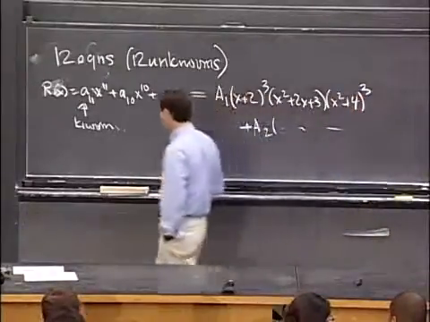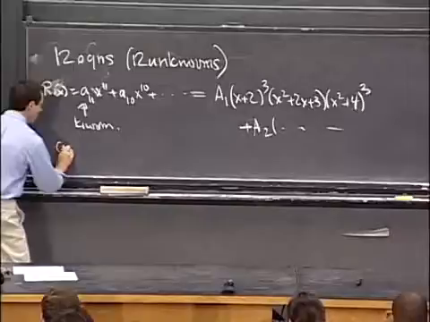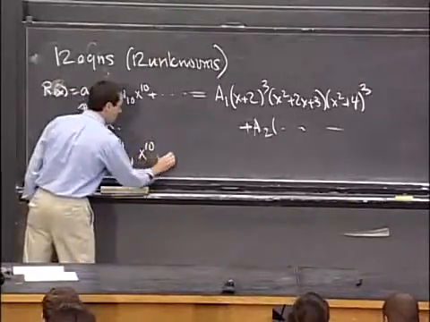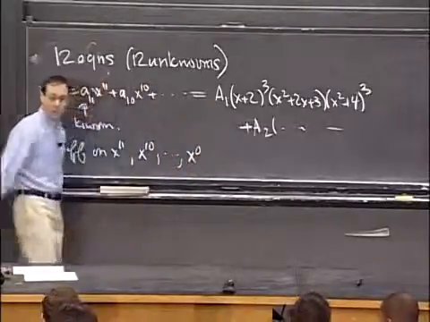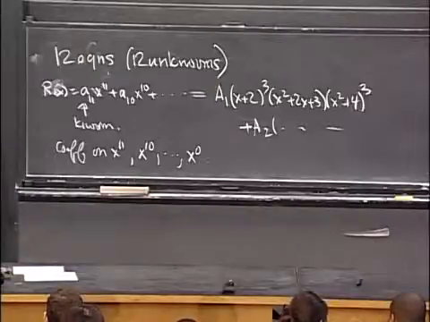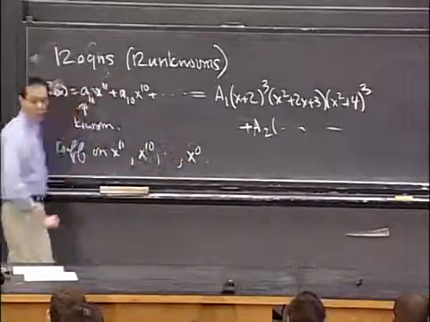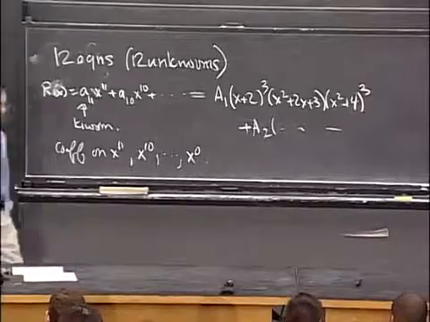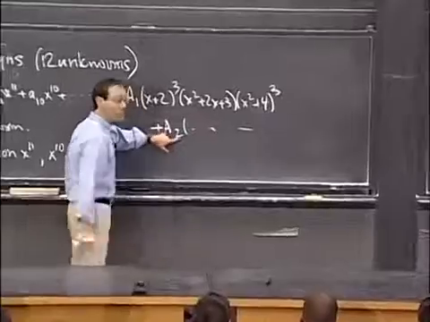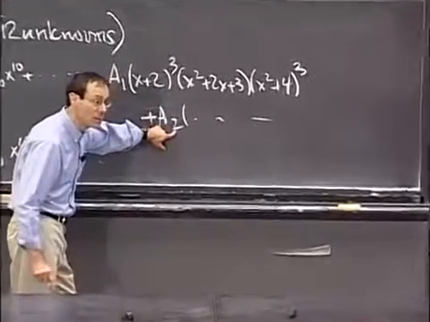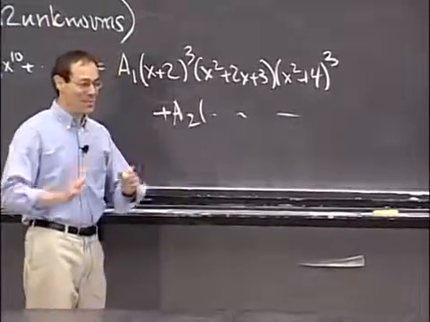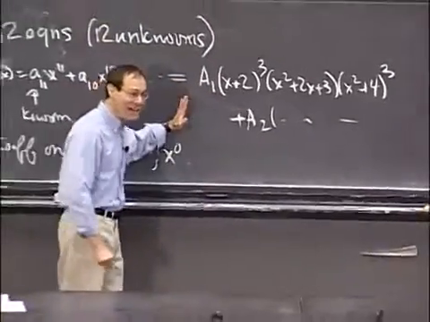To separate it out into separate equations, you take the coefficient on x to the 11th, x to the 10th, all the way down to x to the 0 power. All told, that means there are a total of 12 equations, right? 11 through 0 is 12 equations. Yeah, another question. Can I write down the rest of this? Should you write down all this stuff? Well, that's a good question.